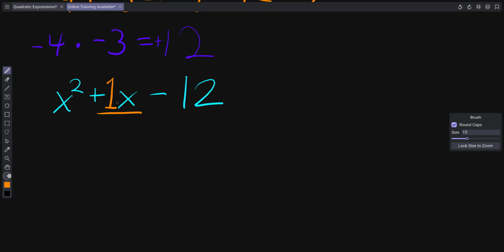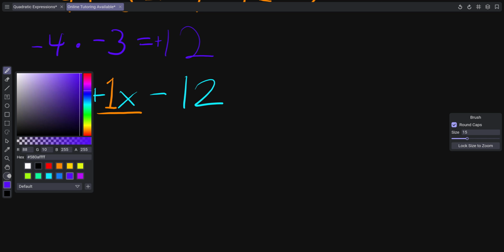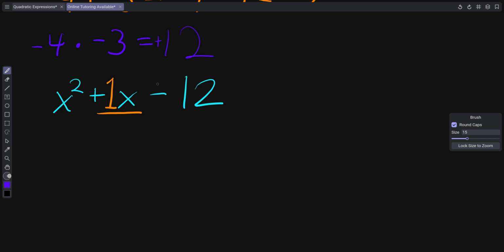So we have this 1 next to the x, which means that we're looking for something that will add to create a positive 1, but will multiply to create negative 12. And it's important to realize that this minus sign is here. In the case of factoring these quadratic expressions, you can think of this as negative 12.